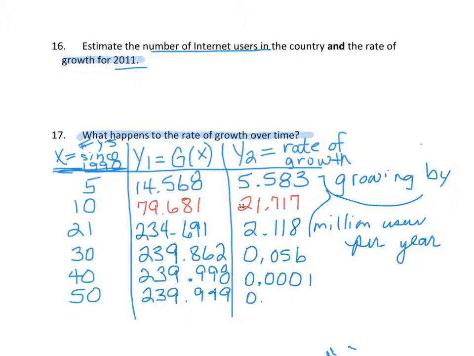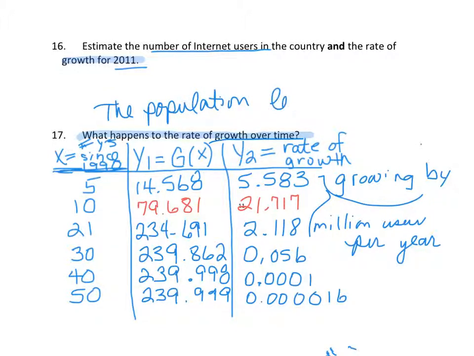So the population hasn't grown very much, and in fact, the rate of growth at the end of the 50th year after 1990 is only 1/1,000,000th, less than 2 millionths. So the growth rate actually has slowed down and stagnated.